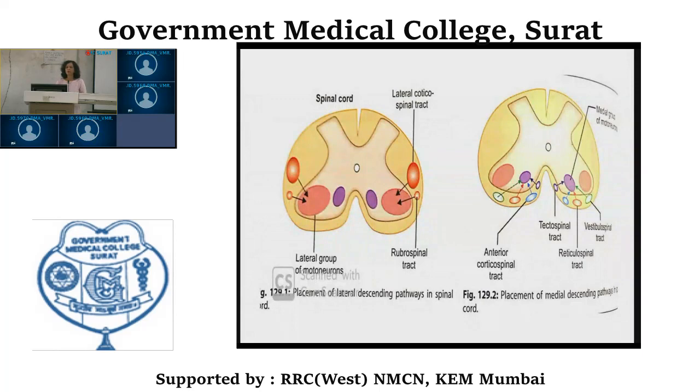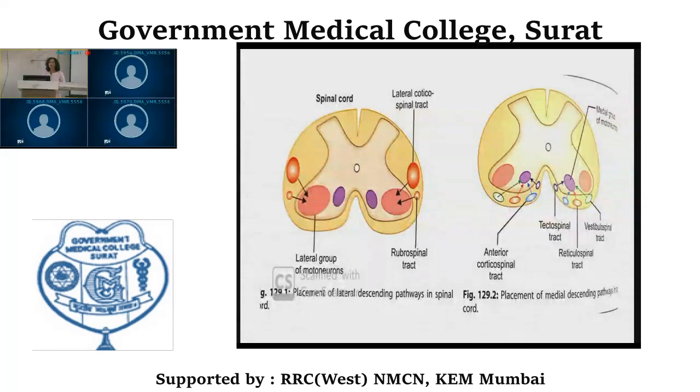And the neurotransmitter predominantly of the corticospinal tracts is glutamate. Glutamate is the neurotransmitter of the pyramidal tracts.